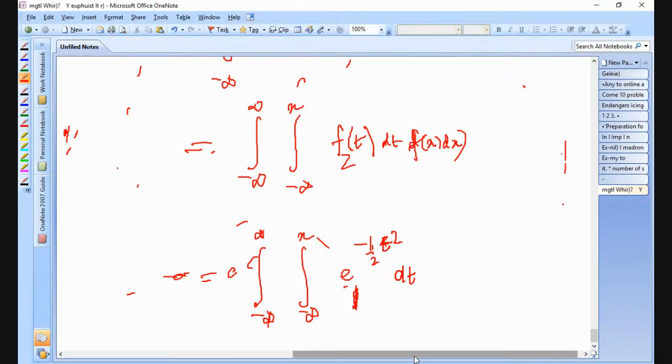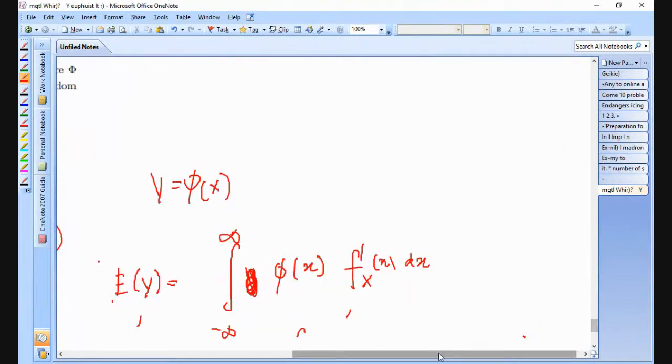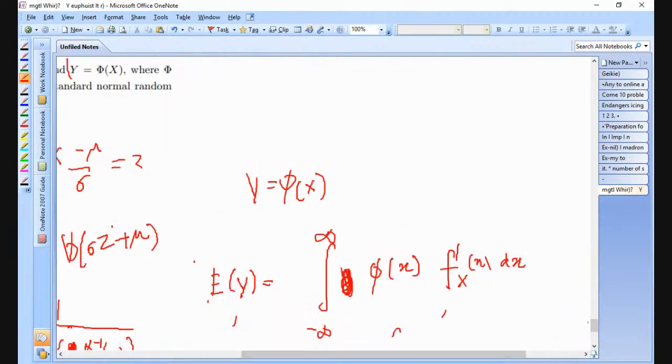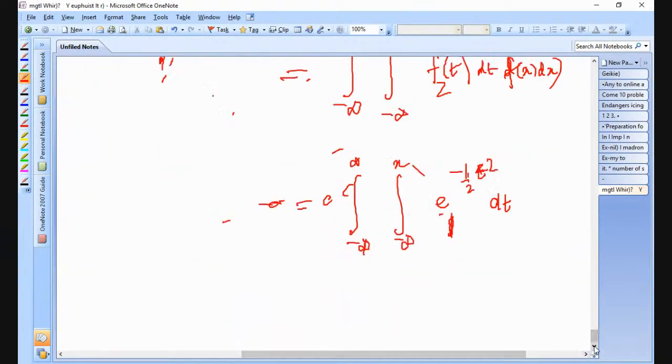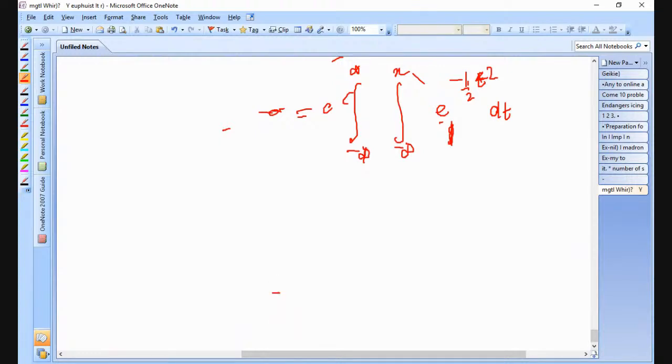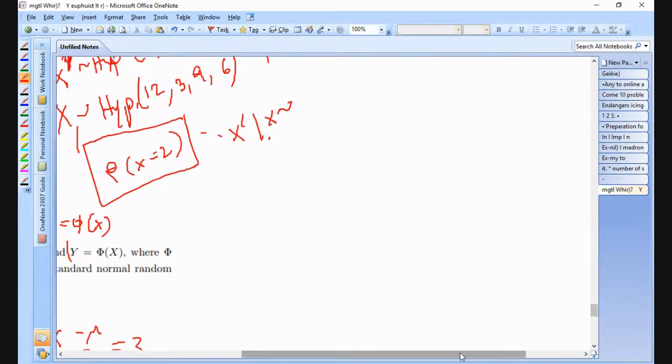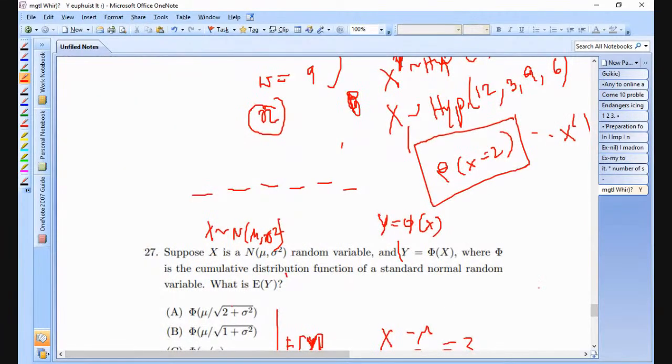Okay, tell me, in terms of which format is the question? In phi format? Okay, it's in the phi format, so they are expecting us to do it in this format, in terms of phi of some value.